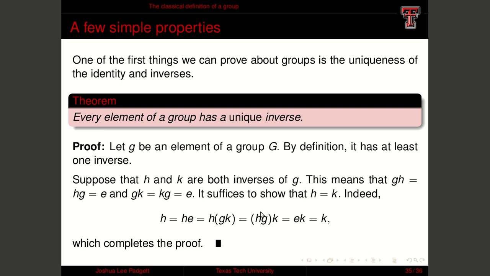Since my operation is associative, I can move the parentheses, and HG, by this definition, is just E, but the do-nothing action applied leaves K. When we string these together, H is indeed equal to K, which implies that H was equal to K the whole time, which means that my supposition that I have two distinct inverses is false.